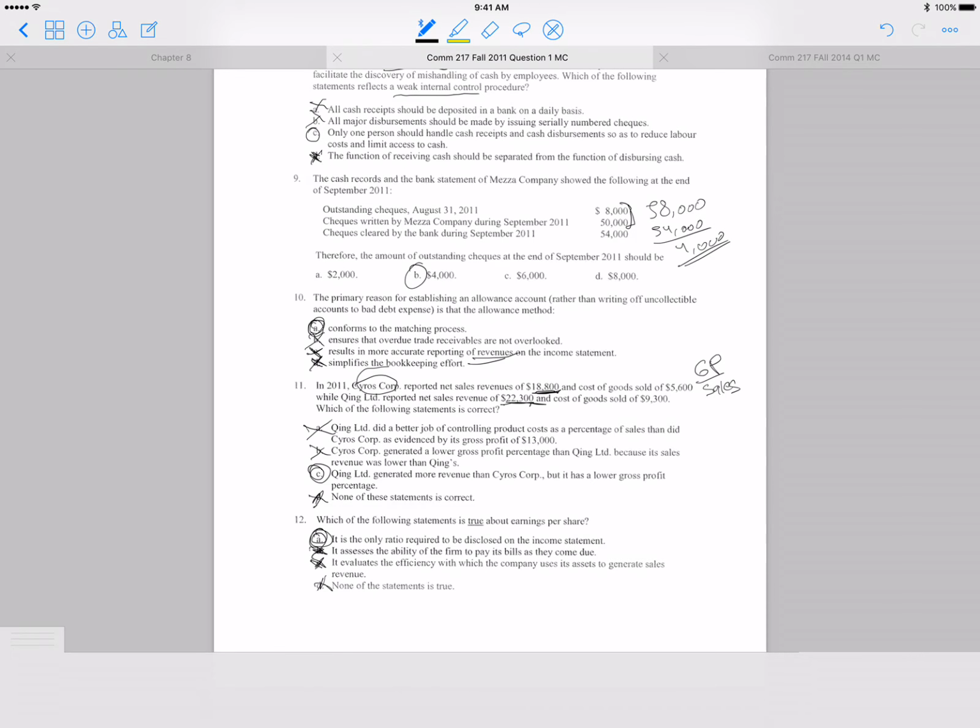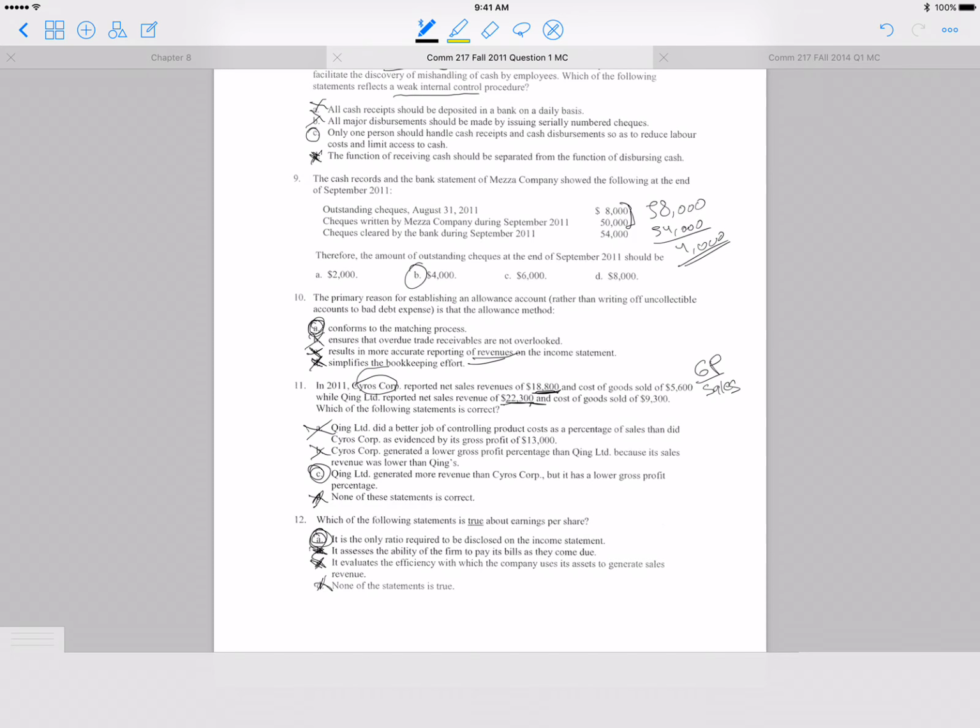And question 13 is not appearing, so I'll just explain to you verbally. So 13 says, which of the following statements are true regarding the statement of financial position? So statement 1 says, one cannot determine the true fair market value of a company by reviewing its statements of financial position. This is true because in your financial position, you only record its historical cost.